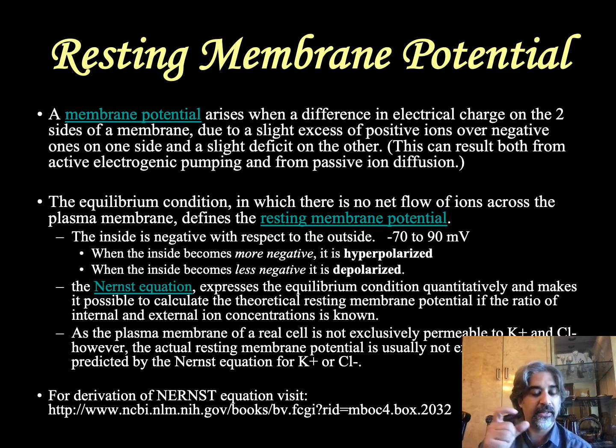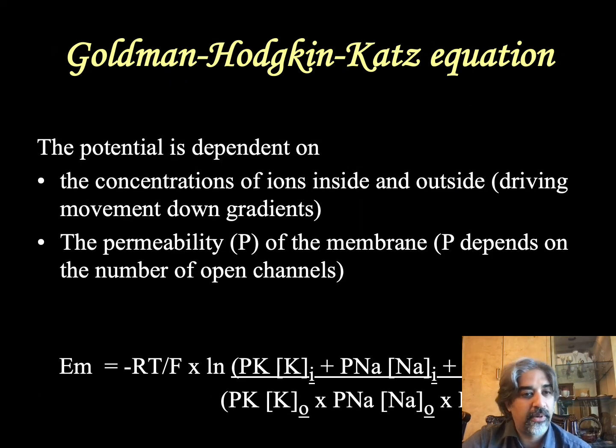When the cell inside becomes less negative, or more positive, we could say, it's depolarized. It's determined by the Nernst equation, and the Goldman-Hodgkin-Katz equation is what relates concentrations to permeability at the membrane.